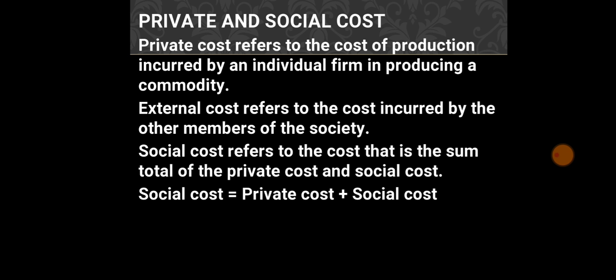So there will be some medical cost generated for the outsider. That medical cost incurred by an outsider, by the members of the society, is what is known as external cost. So it is the cost that is incurred by the people outside the firm.